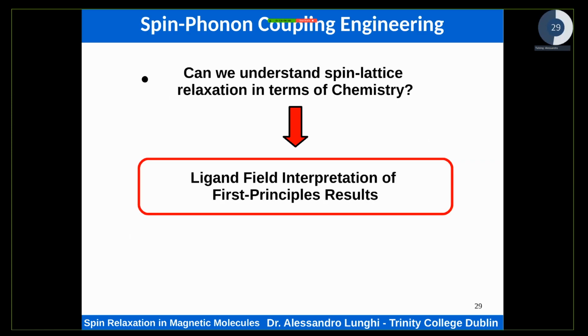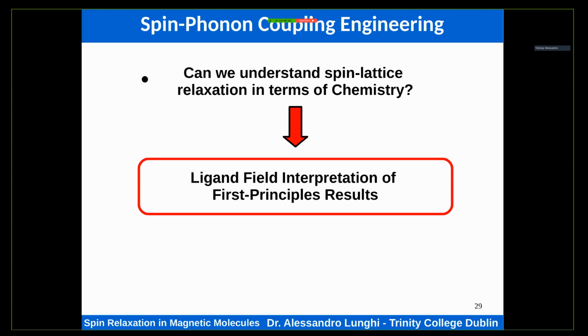Okay, so we have learned something new about the physics behind spin relaxation, but now we would like to make a step further and try to translate the physics into a chemical language. What we will try to do in the next few slides is to understand spin-phonon coupling in terms of ligand field.